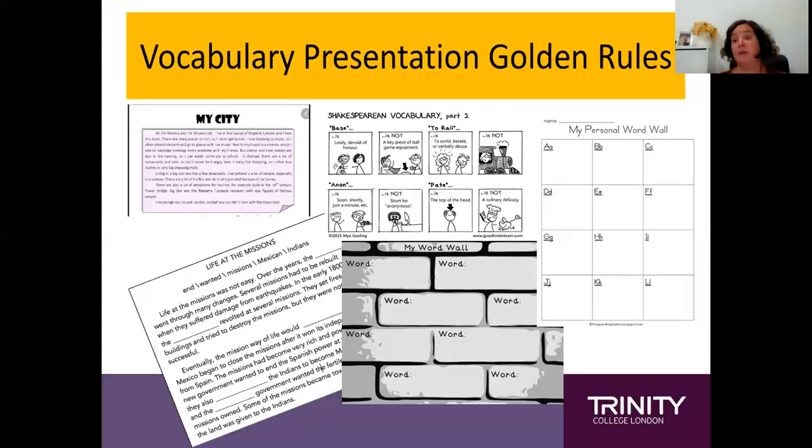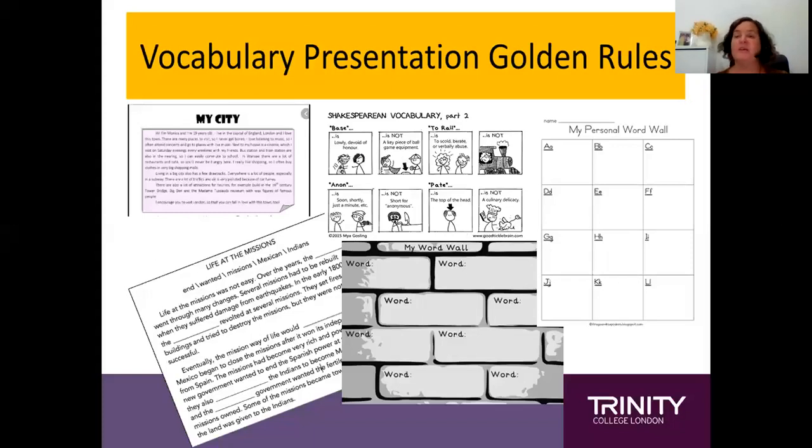They might even resort to an example or a synonym, an antonym, just a very clear drawing. So they keep their own glossaries, their own vocabulary, word walls or lists, and that's how they keep the new words that they are learning.